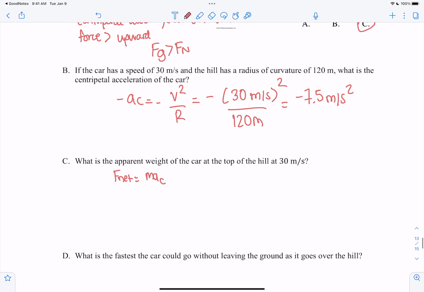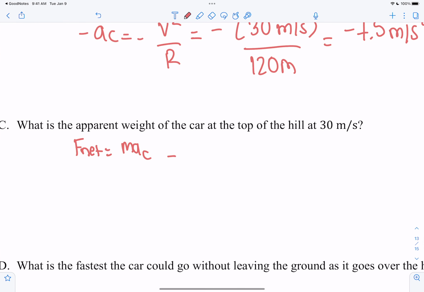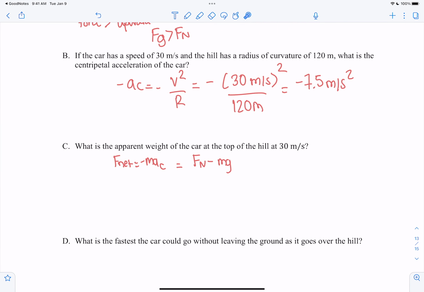So we say F net is equal to m a_c, and then F_n minus mg, right? So you guys know that I like to include my directions right then and there with the equation. And if I'm going by that rule, then technically this should be a negative m a_c to indicate a negative net force, right? The one thing that I'd have to keep in mind then to adjust this is that I can't just plug in this negative here, because then I get a positive net force.